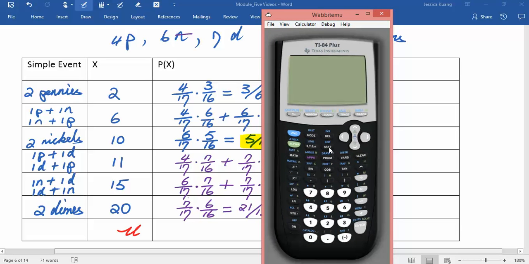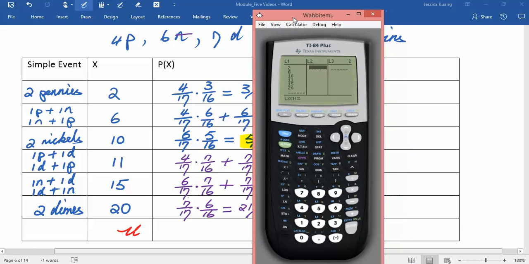Go to Stat, press enter. And I already entered the possible values for X in L1. In L2, I'm going to enter the corresponding probabilities.